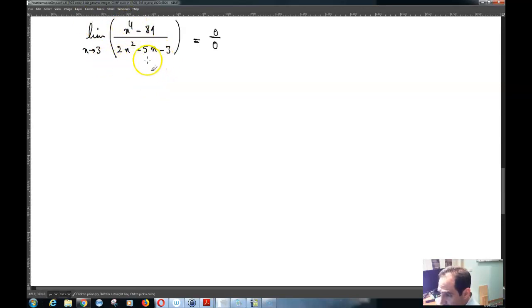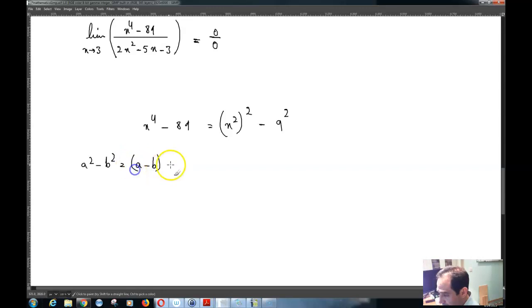So what I can do is write x raised to the power 4 minus 81 as x raised to the power 2 whole squared minus 9 squared, which is the same thing as a squared minus b squared, which is equal to a minus b times a plus b.